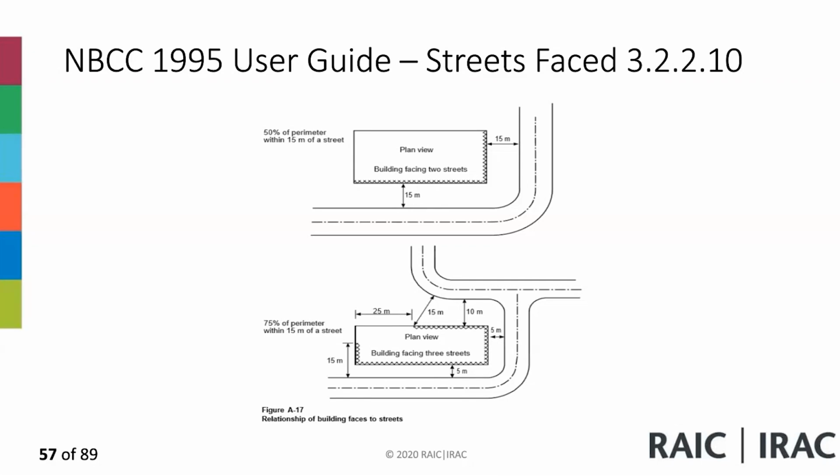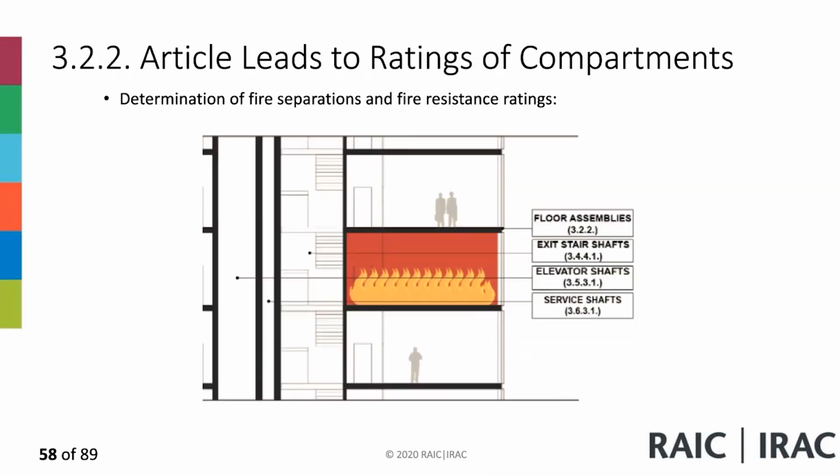A building is considered to be facing 2 streets, provided not less than 50% of the building perimeter is located within 15 meters of the street or streets. It's facing 3 streets if not less than 75% of the building faces a street within 15 meters. So this is in 3.2.2.10.